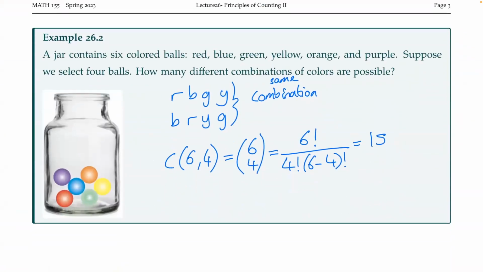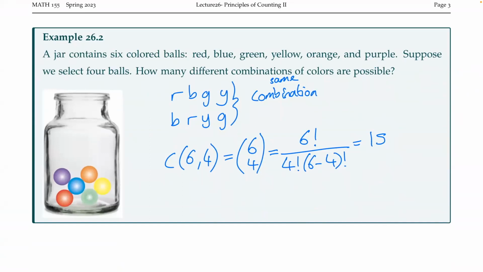We went through various examples in the pre-lecture. For example, if we have a jar containing 6 colored balls and we want to just select 4 of those, how many different combinations of colors are possible? Again, make sure you know the difference between combination and permutation. For permutation, the order matters. For combination, the order does not matter.